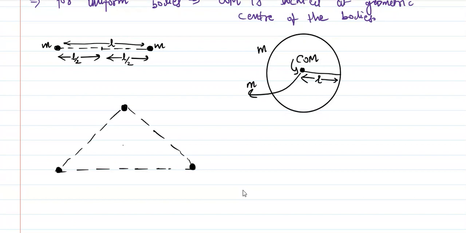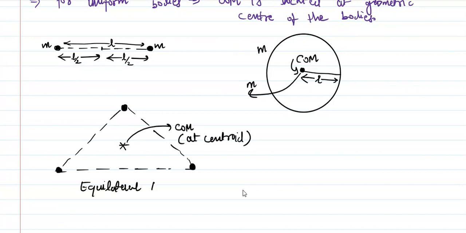So we can assume that it will be situated somewhere here. It will be situated at the centroid, in case of an equilateral triangle, only in case of an equilateral triangle, or a sphere.